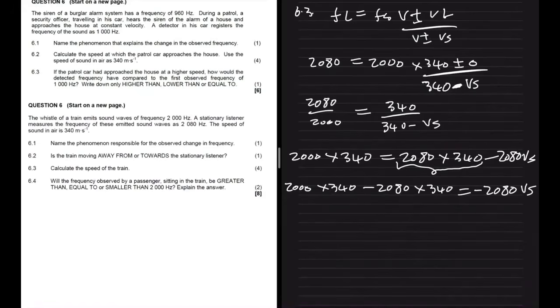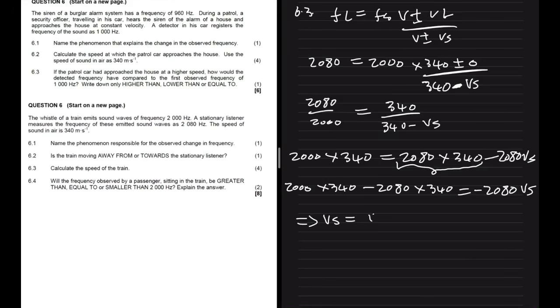So let me go ahead and put that into my calculator. Vs equals 2000 multiplied by 340 minus 2080 multiplied by 340, divided by minus 2080.